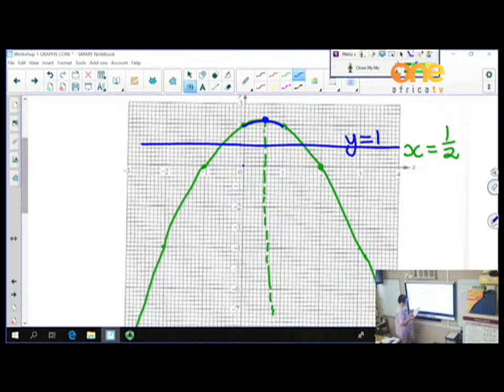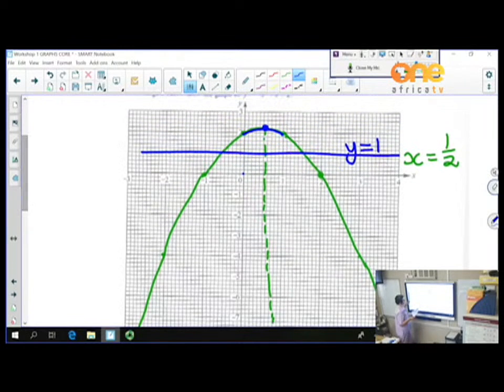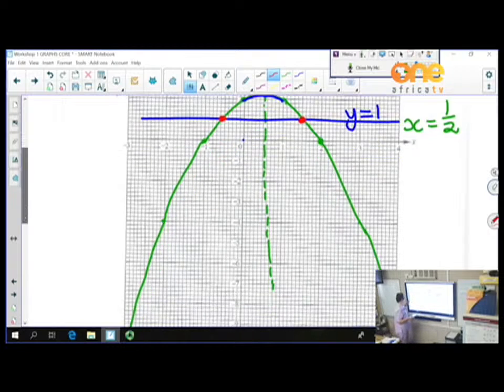And now they say, look at the last question. They say this is where your parabola and this line intersect. That's what they want there. So these are the 2 points. That is what we're going to give as an answer. There where my 2 points intersect. But it's very nice to draw that line, even if they don't tell you to do that.